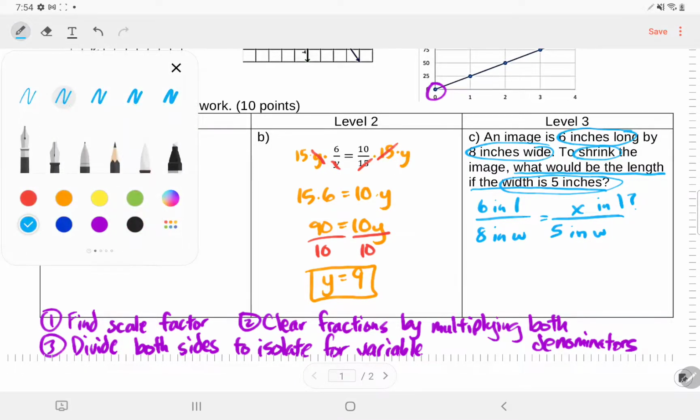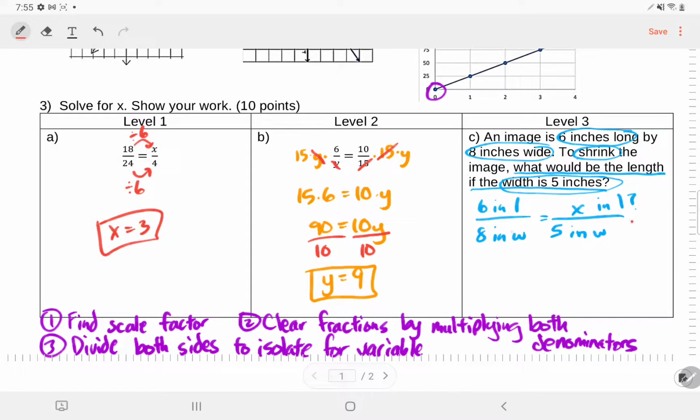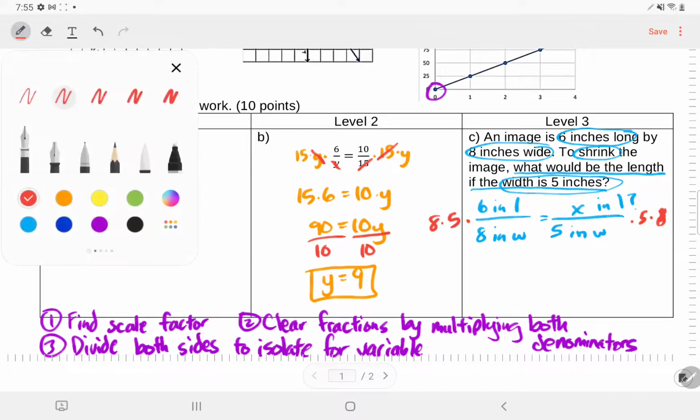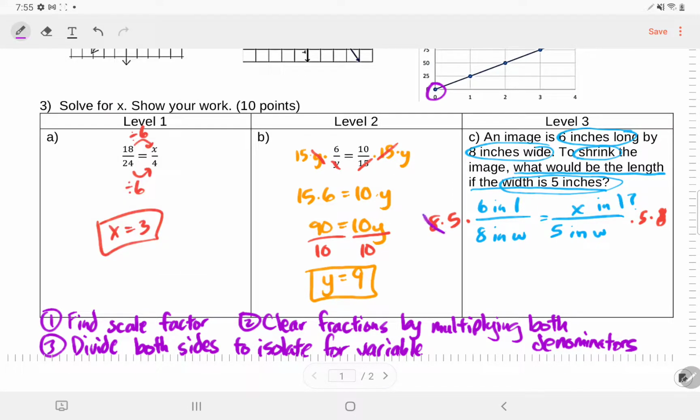No, we cannot. So now we're going to clear the fractions by multiplying both denominators, and our denominators are 8 and 5. So multiply by 8 and 5 on the right hand side, and 8 and 5 on the left hand side. That's going to cancel out our 8's on the left hand side and our 5's on the right hand side.